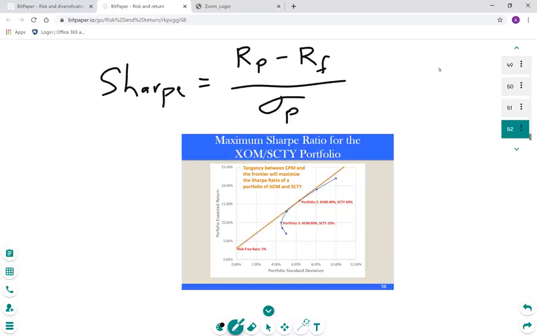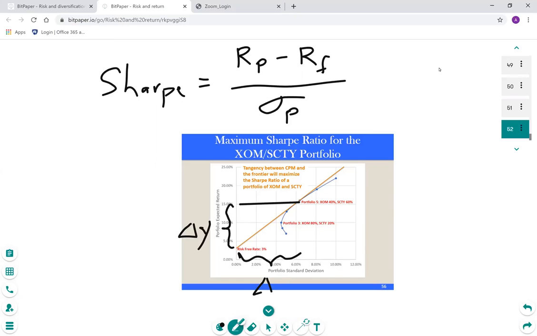The numerator here is the difference between the return on the portfolio and the return on the risk-free rate. So in some sense, that's this vertical distance between the return on the portfolio and the risk-free rate. That's essentially the change in Y. And then the change in X, that's the standard deviation of the portfolio.